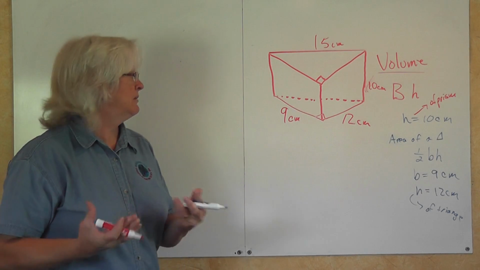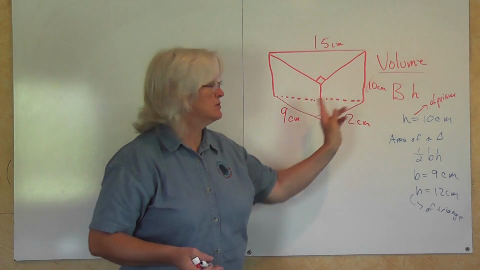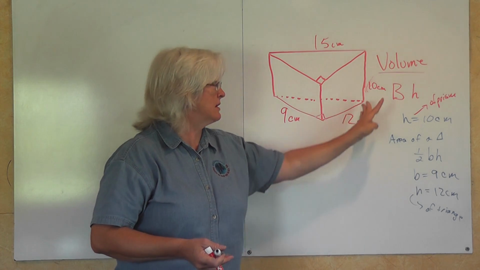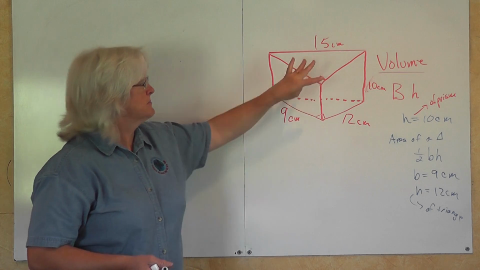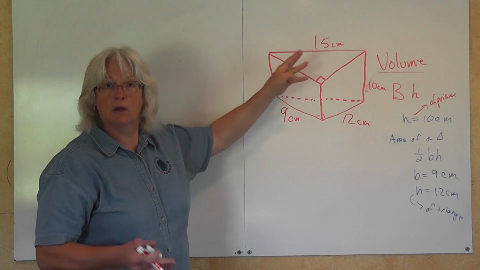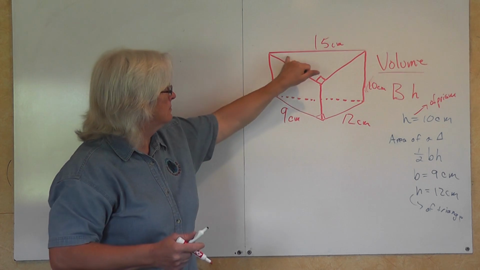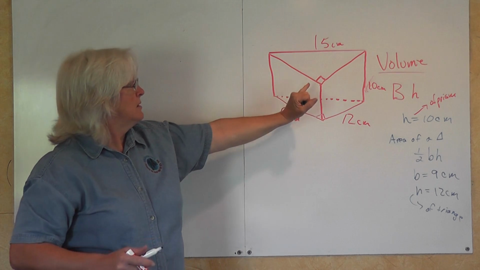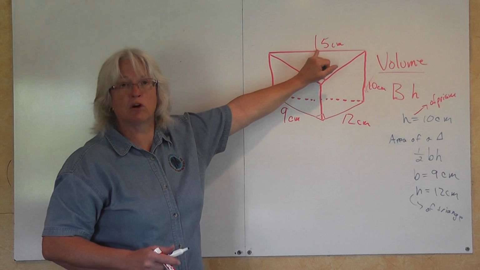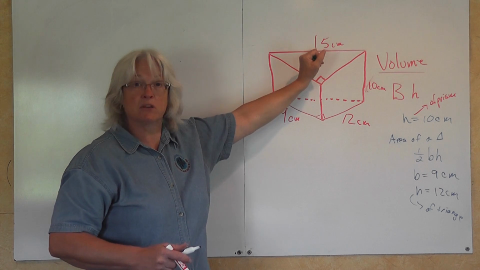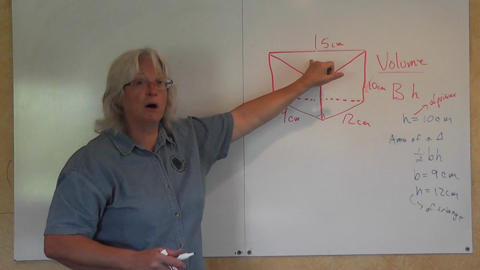Well, now I've used 3 of these dimensions. I've used 9 centimeters, I've used 12 centimeters, I've used 10 centimeters. What about this 15 centimeters? Well, what dimension exactly is being used there? I mean, what is that? Well, this is the length of the side of the triangle that is directly opposite the right angle, so that makes this the hypotenuse.